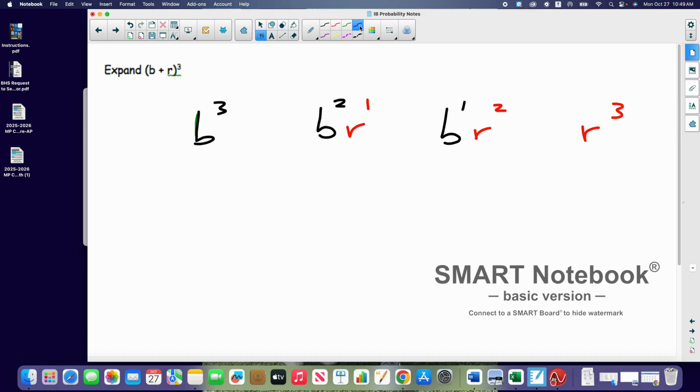So here's my B's and my R's laid out for me. How many terms do I have? We got 4. What are the numbers that go in front of these? 1 and 3. This one actually was probably a pretty easy one because of that idea. Everything's going to be a positive plus through that whole deal. It's symmetry.